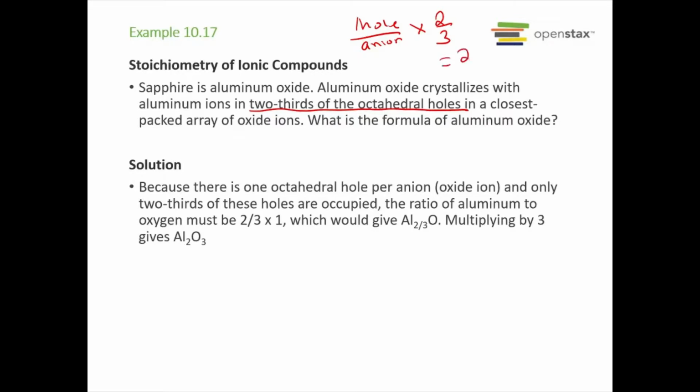So that gives us 2/3 aluminum atoms per 1 oxygen, so Al 2/3 O. We can't have 2/3 of an atom in our formula, so we multiply both subscripts by 3, and that gives us Al2O3.